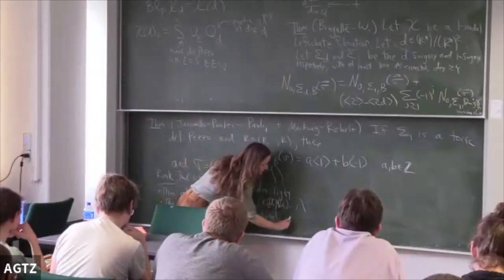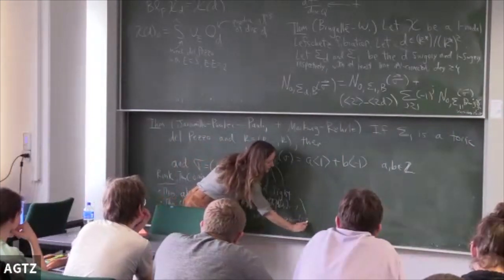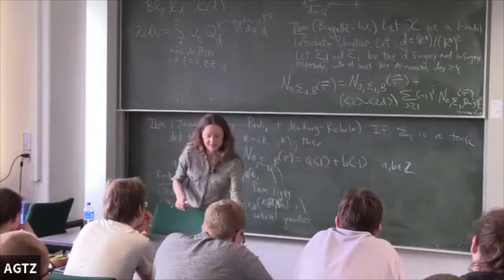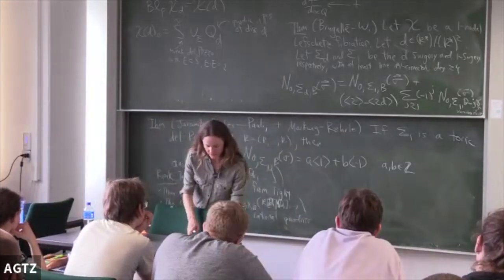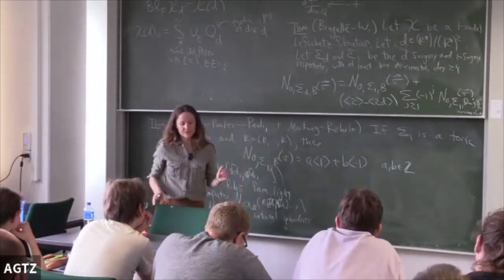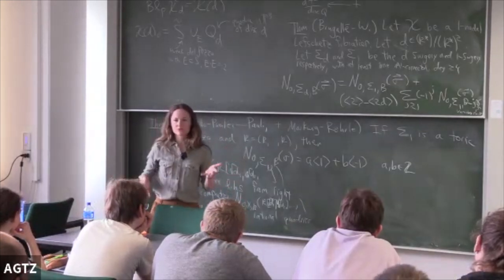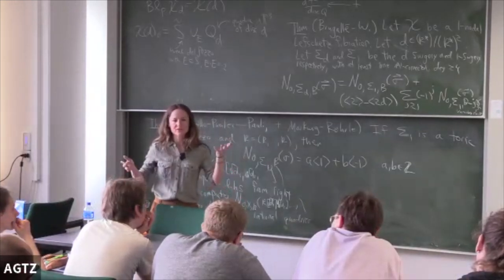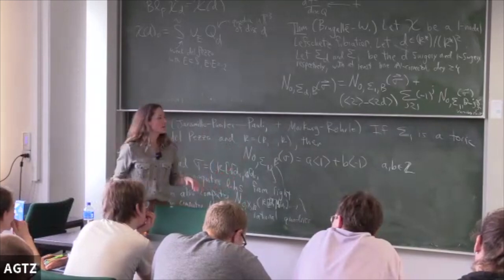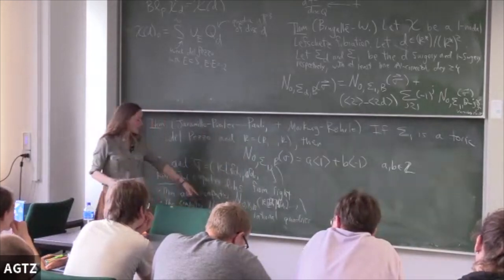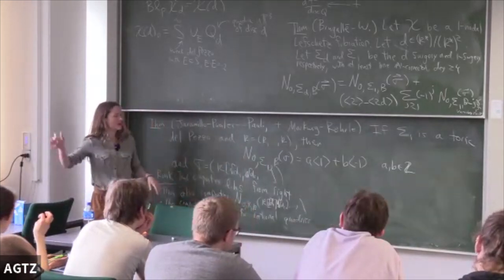And I think I'm out of time to show you some examples of rational quadrics, but they're very explicit numbers in brackets.